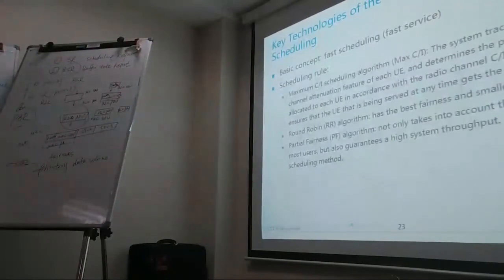So we can guarantee the fairness, and we can guarantee the operator gets higher throughput, get more money, right? So this is the scheduling. We name it fast scheduling. This is just how to select one UE, right?